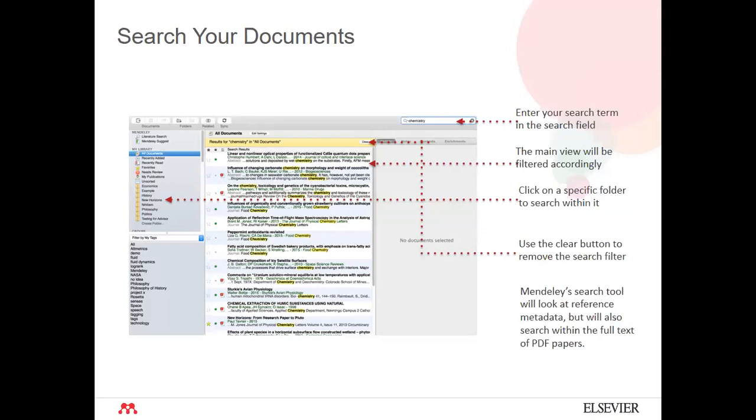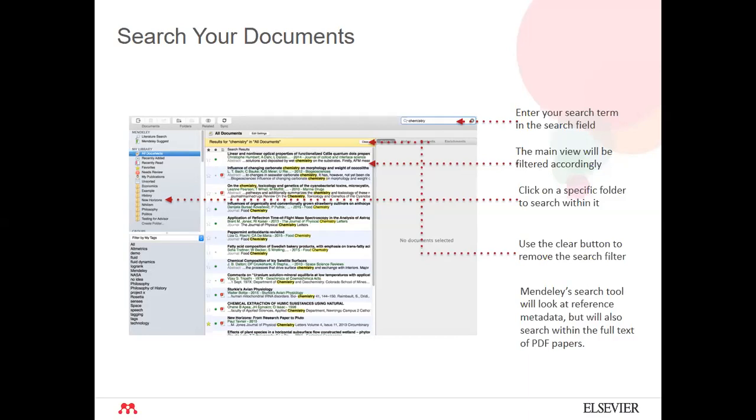One of the strong points about Mendeley is that it has a very powerful search tool. You can search your own library by terms, and then it also searches through the PDFs in the library. So if you have a particular thing you're looking for, you just put the keyword in the search box and hit enter, and it will retrieve anything in your library with that term.